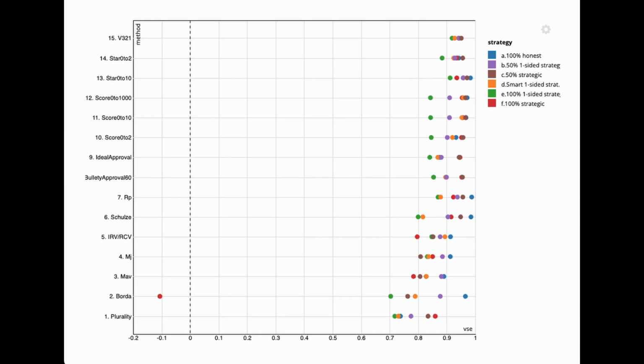Then they would vote according to their simulated utility values. And then it compares the best candidate, found by just looking at how much voters like them, with the elected candidate that was chosen, and sees how they differ.